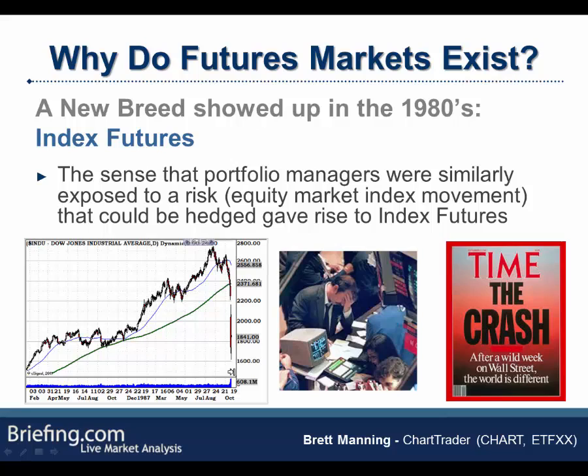But of course, in the 1980s, this spread into a really interesting shift in the situation. Portfolio managers who hold a basket of stocks realize that they're exposed to market risk, and shorting S&P futures is a hedge for that risk.